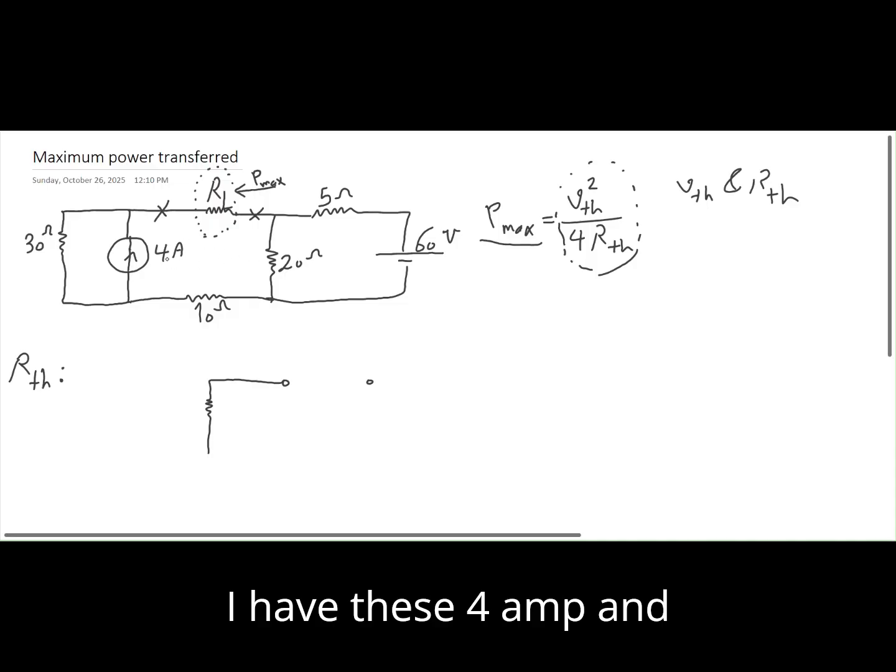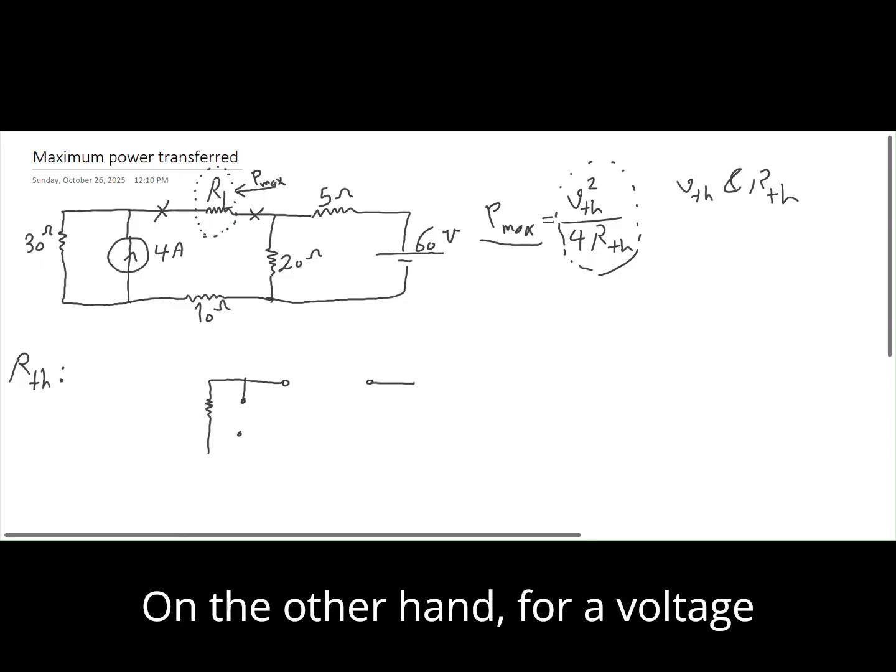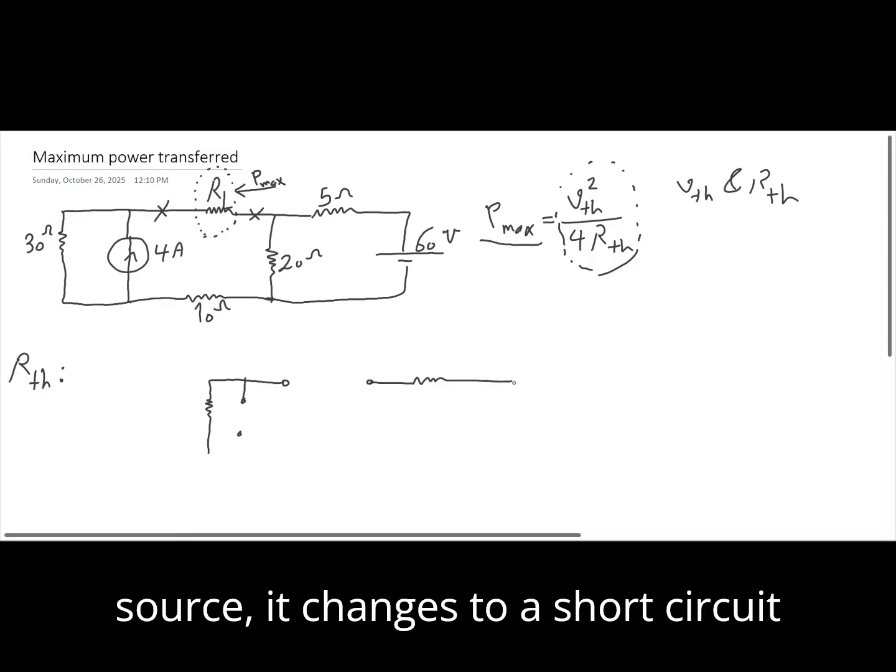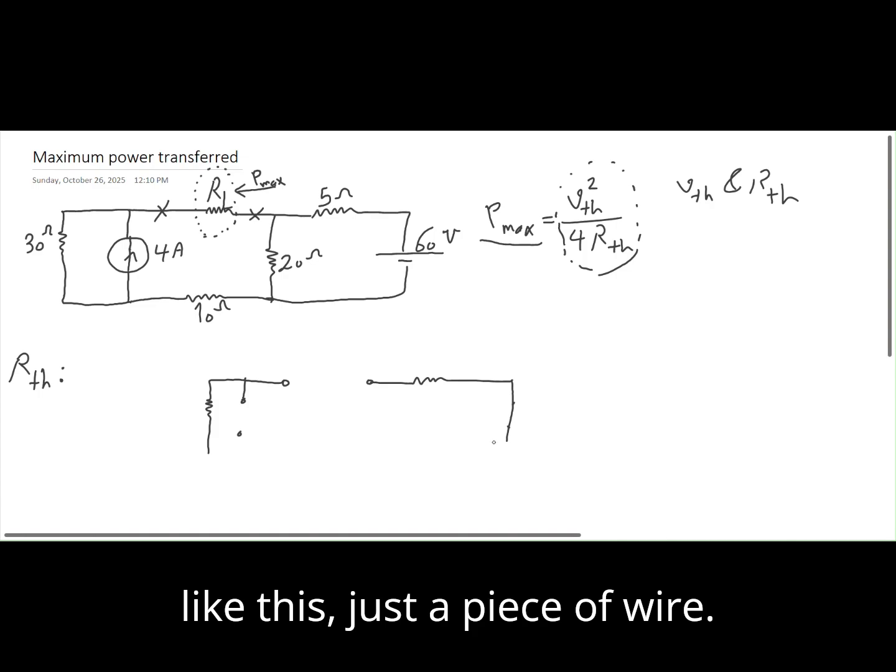So I have this 4 amp and this 60 volt. If I want to turn off a current source, it changes to an open circuit. On the other hand, a voltage source changes to a short circuit, just a piece of wire.